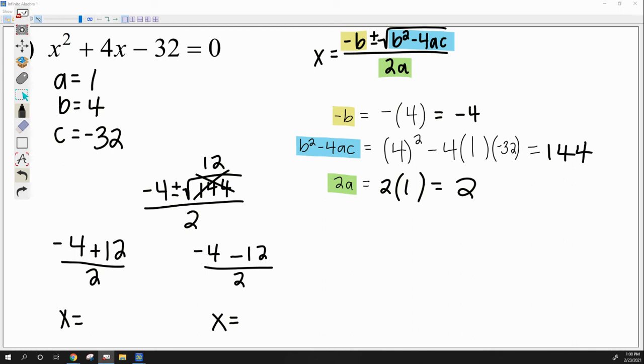Remember, on Desmos, you press the divide button and it makes a fraction for you. What do you get here? 4. So x equals 4. And over here, x equals negative 8.